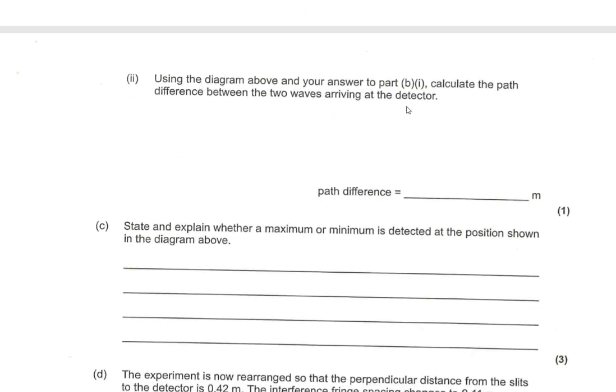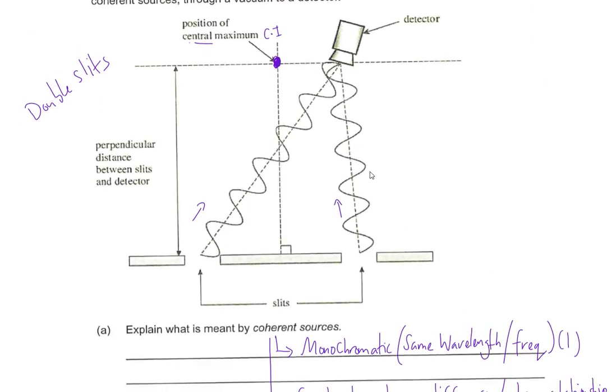Now what's the path difference between the two waves? Let's look at the waves. One wave here: 1, 2, 3, 4, 5, and then 6. So here you have 6 wavelengths, and here if you count 1, 2, 3, 4, 5.